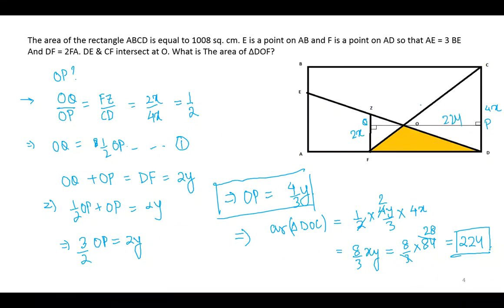This whole area we know was 336. Now what is left is just subtraction. So let's complete the formalities.